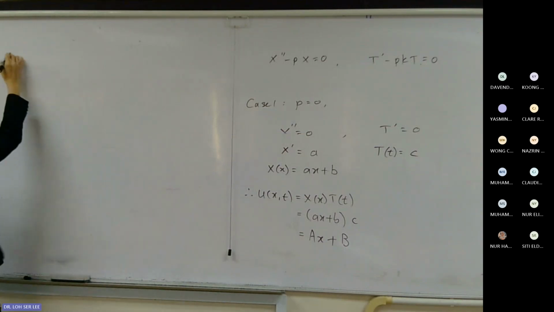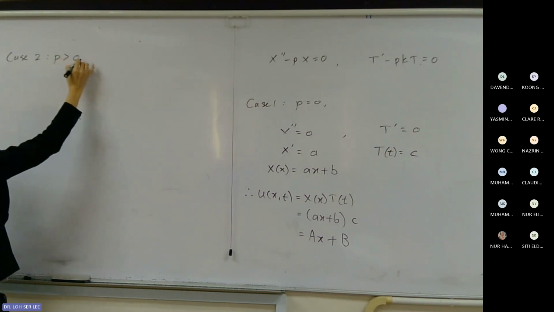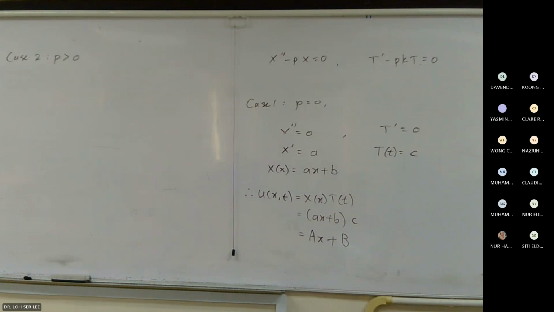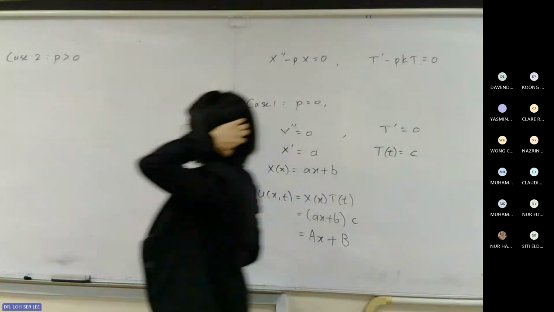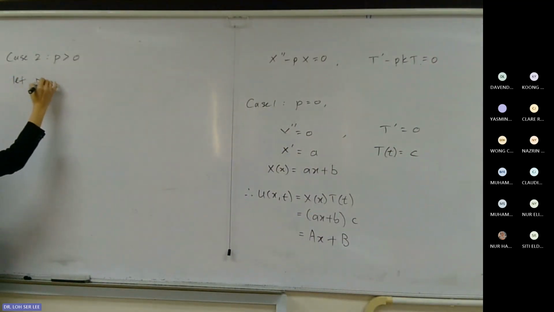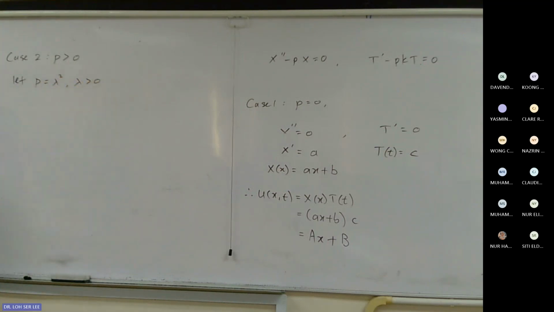Now we look at the second case, case 2, p is greater than 0. You don't have to copy because this is given in the slide. Just further explain how you get the final solution. If p is greater than 0, we let p be lambda squared, but your lambda is positive.